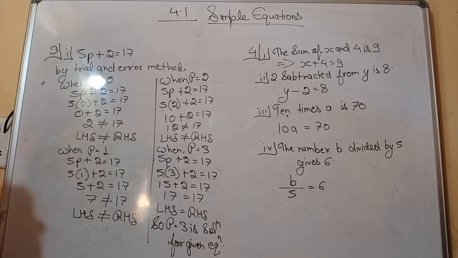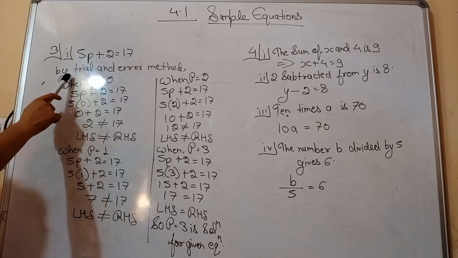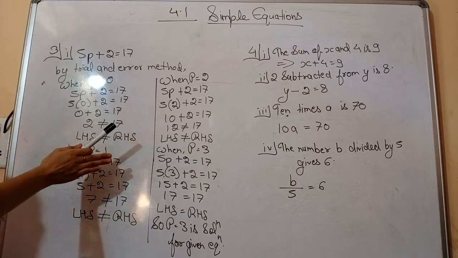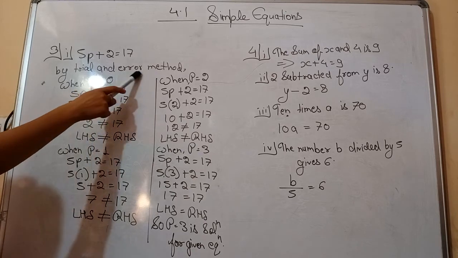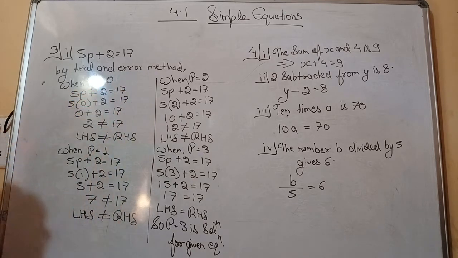But if the equation value is wrong, it means there is an error. So first we place the value in the equation, then we find out whether it is correct or there is some error. We always start placing values from 0, 1, 2, 3, 4, 5 and so on. Like this we put values of the variable.